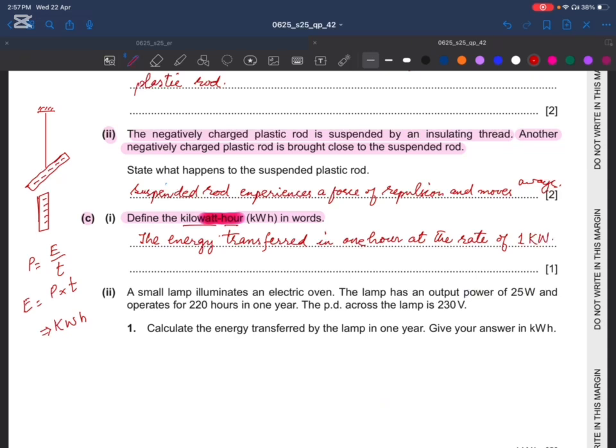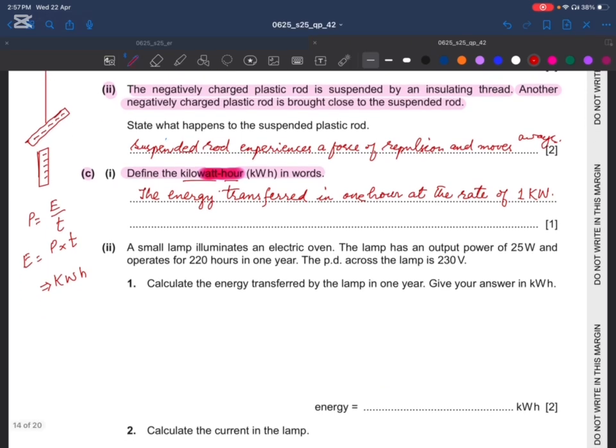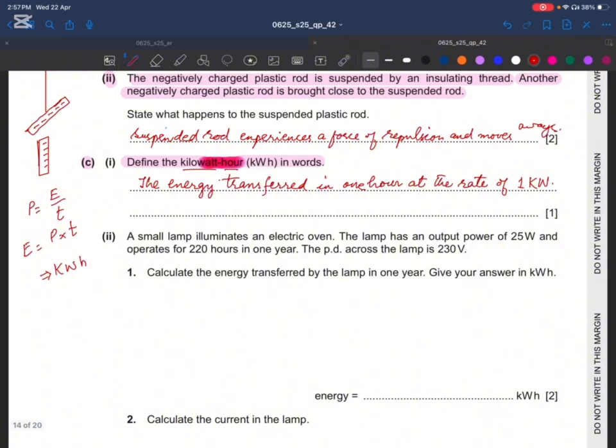Basically this is nothing but the power. So if you have a power of 1 kilowatt and the energy is being transferred for 1 hour, the energy will be 1 kilowatt hour. So this is the definition of the kilowatt hour.